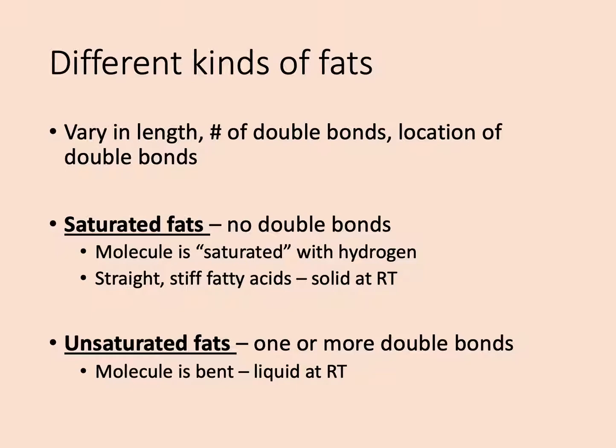Since saturated fat has long, straight molecules with all those hydrogens, it's very stiff. And the molecules can pack on top of each other, and that makes it solid at room temperature. Something like butter is a saturated fat. An unsaturated fat, because it has those double bonds in it, it gets bent, so it can't pack on top of itself, and it's liquid at room temperature.